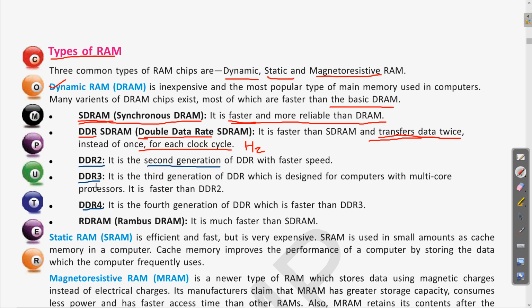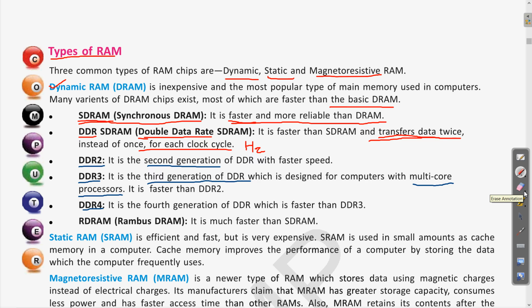After that came the DDR3, the third generation of the DDR, which is designed for computers with multi-core processors. Here comes a new term, multi-core processor. What is a multi-core processor? The processor, which we also call the CPU, is the processing unit of the computer, and its speed is also measured in hertz. Earlier these processors had a single core, but nowadays there are multiple cores inside them.